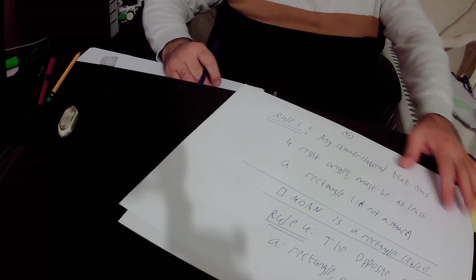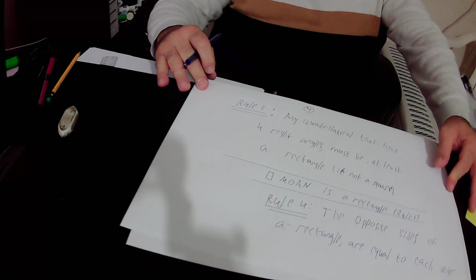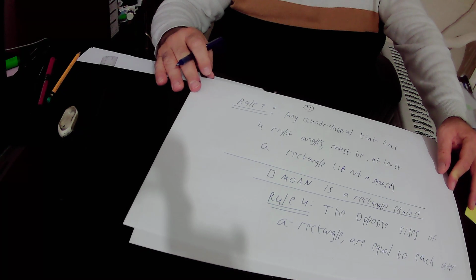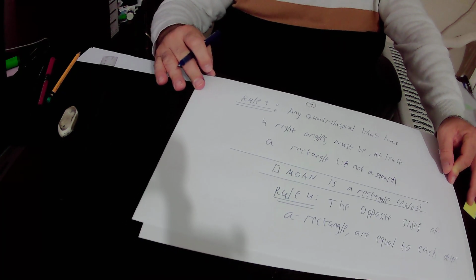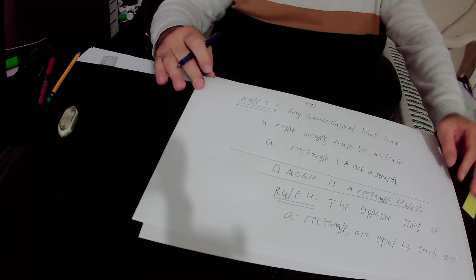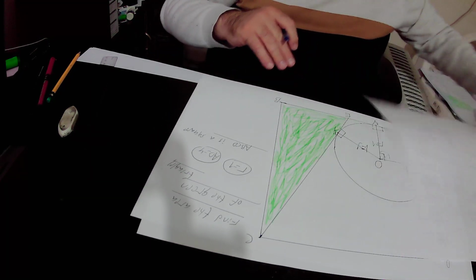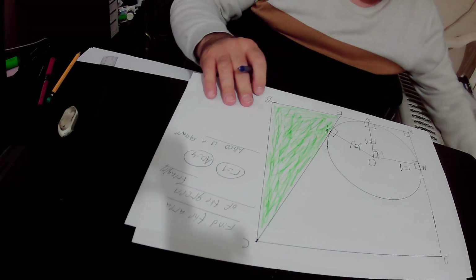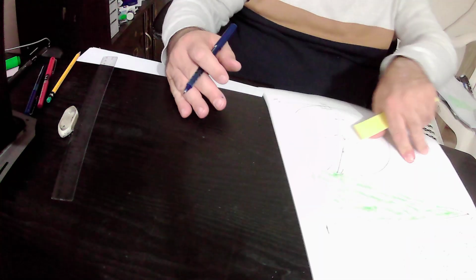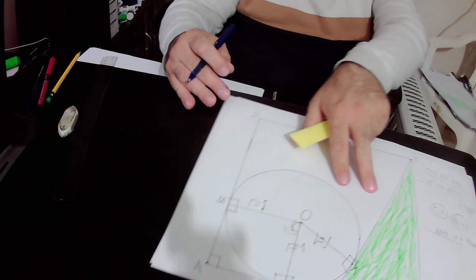According to rule number 4, the opposite sides of a rectangle are equal to each other. So we can implement rule number 4 in our rectangle MOAN.